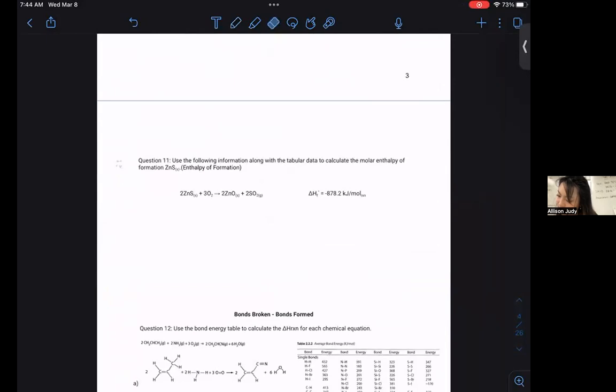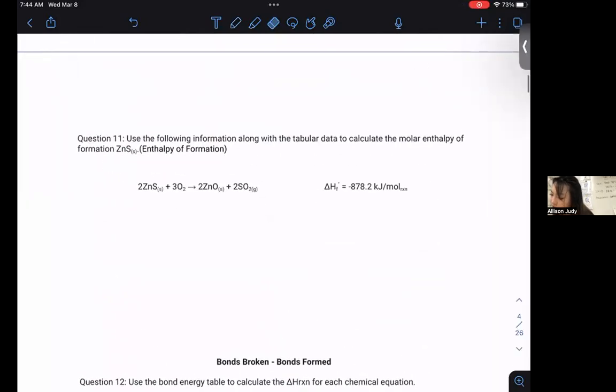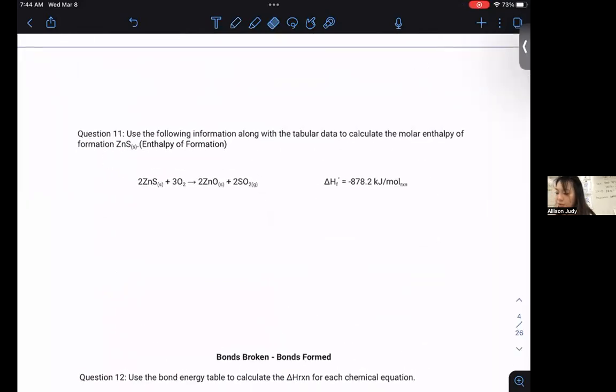Question 11, okay. Use the following information along with tabular data to calculate the molar enthalpy of formation of zinc sulfide.